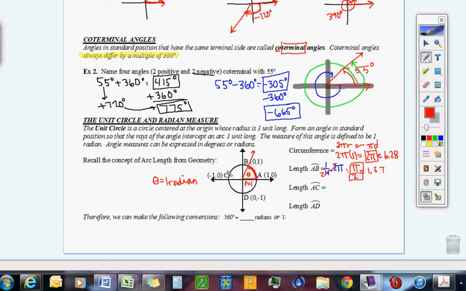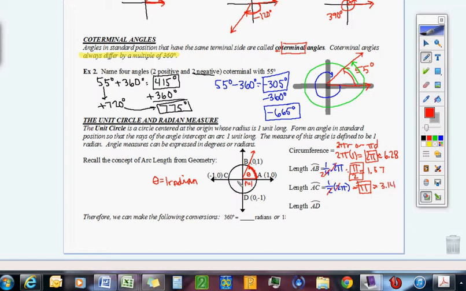How about just from A to C? If I just go from A to C, that is half of my circle, so it's half of my 2 pi. And so I can see that I can cross reduce, and I get pi. So just from A to C is pi radians, and that is about 3.14.